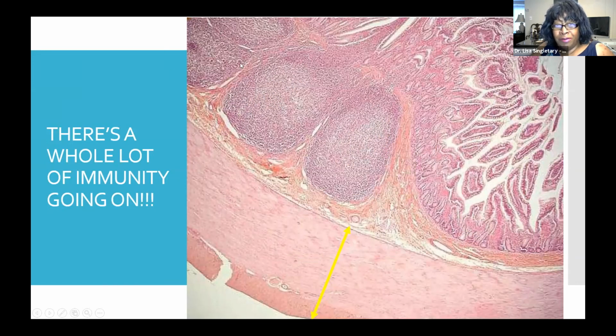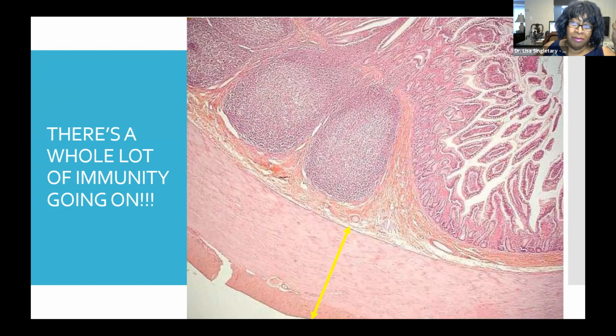These are Peyer's patches. Okay, so I hope this is giving you an idea that your immune system in your gut is huge. Each one of those little dots is a little cluster of cells just waiting. And if the wrong chemical or a wrong particle comes along, they're going to jump into action.